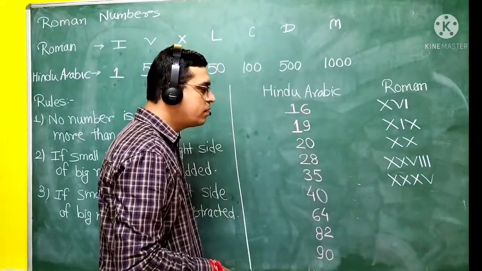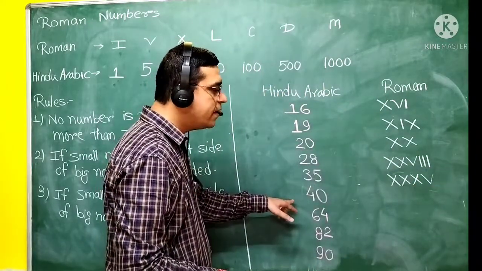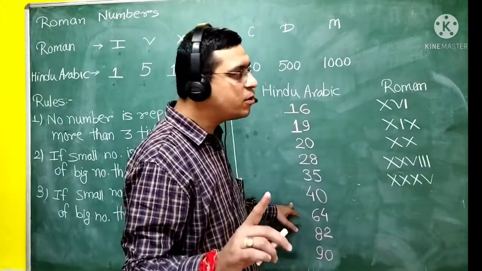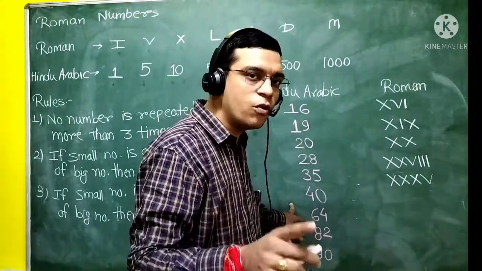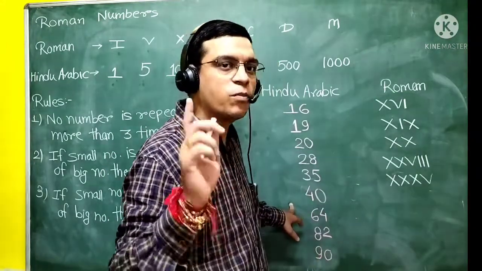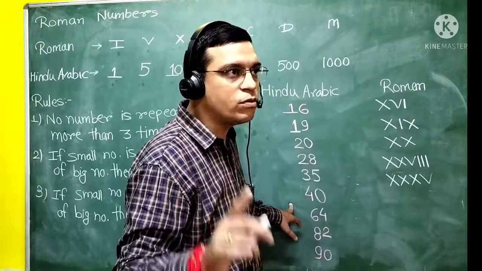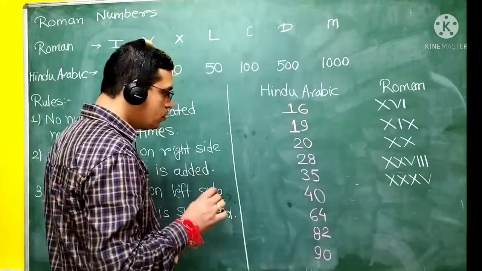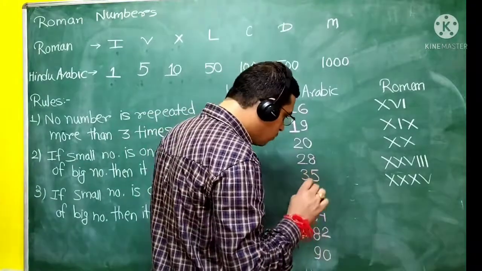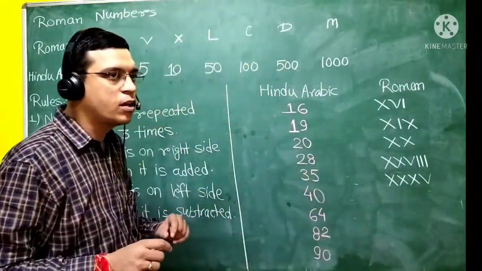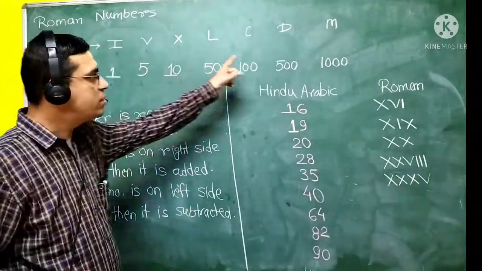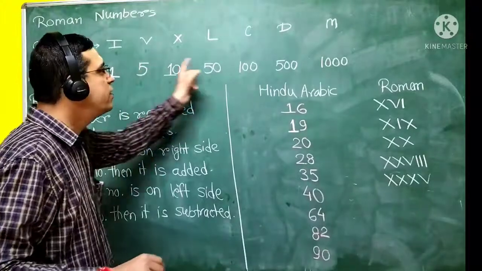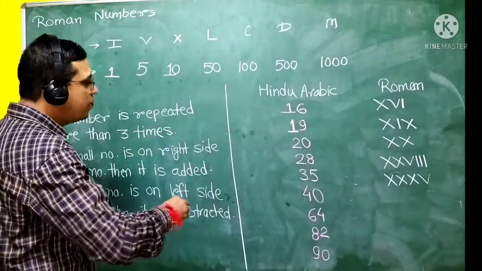Again, 40 is there. Now understand very carefully: whenever there is a 4 or 9, you have to subtract. You have to subtract for 4, and you have to subtract for 9 also. So how do we write 40? Think, we have to use this only. Can you see?